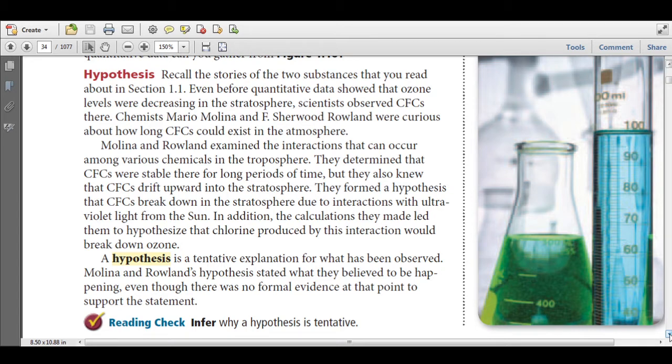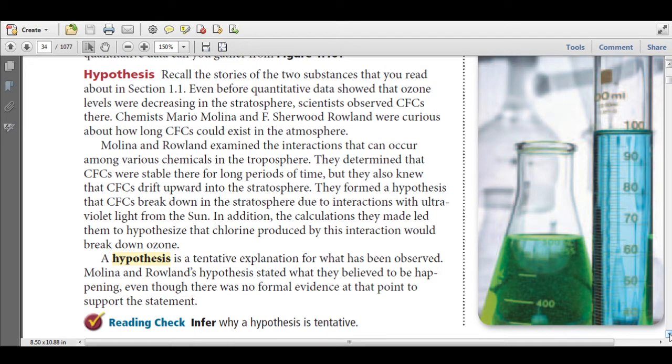They examined interactions that occur amongst various chemicals in the troposphere, and they determined that CFCs were stable there for long periods of time. But they also knew that CFCs drift upward into the stratosphere. They formed the hypothesis that CFCs break down in the stratosphere due to the interactions with ultraviolet light from the sun.